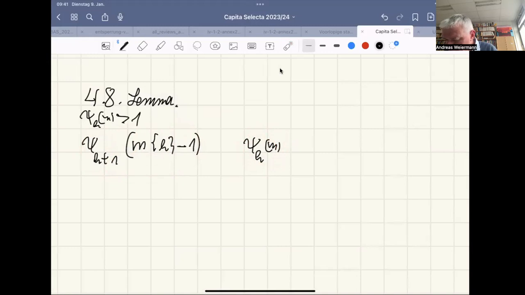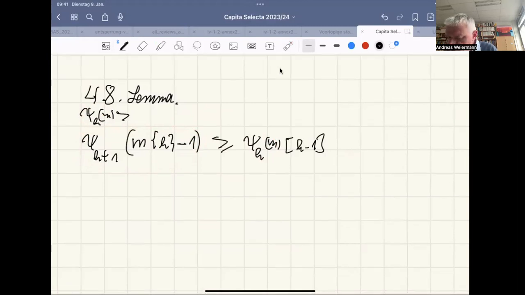Now, but this number here, what can we say? How much bigger is this number, or how much smaller is this number than psi_k of m? We can measure this if we go in the fundamental sequence for psi_k of m at argument k minus 1, then the sign will change the same.